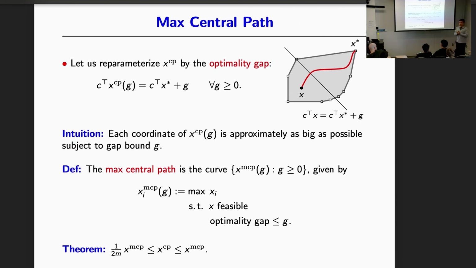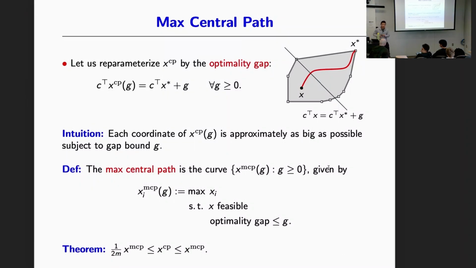Any other questions? Yeah. When we're reparameterizing the path using the optimal solution, is the expectation that we already know the optimal solution?